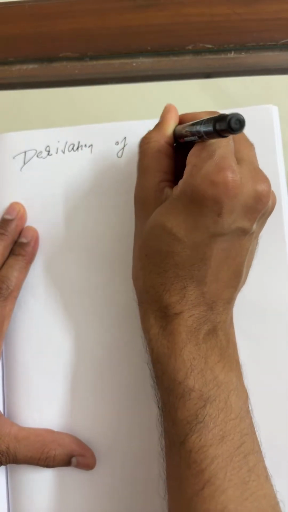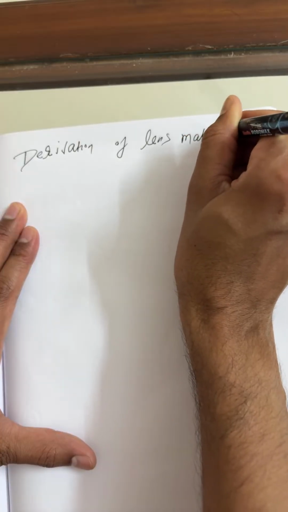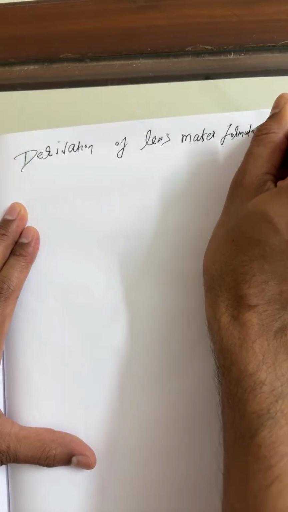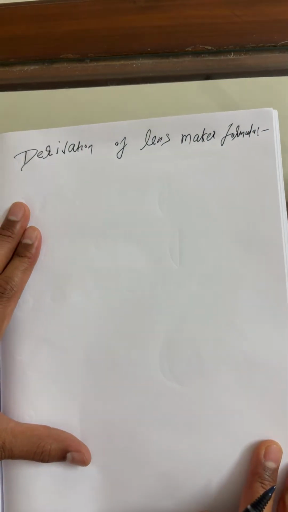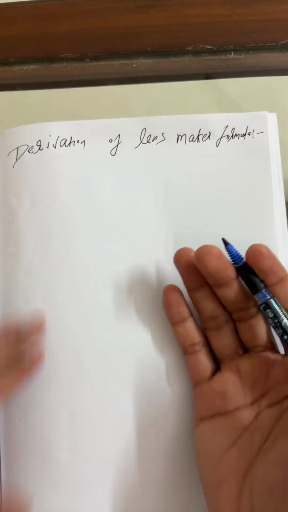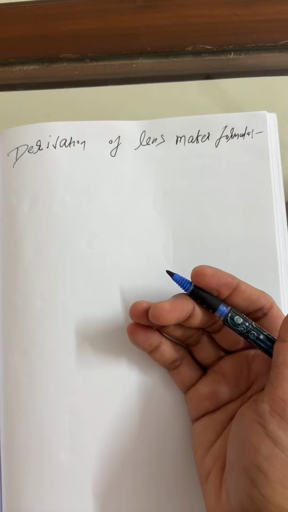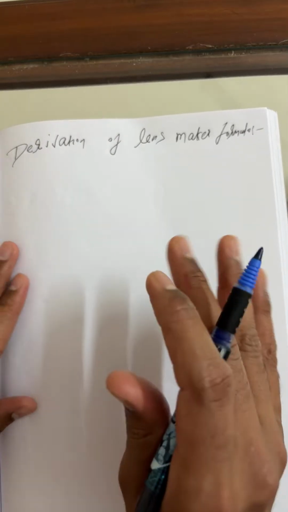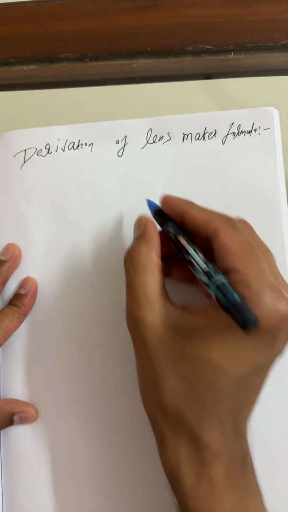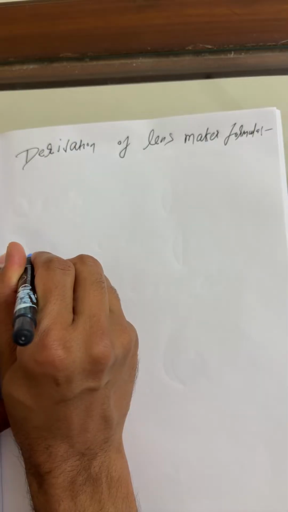Come, students. So now, as I say, most of the time I'll use thin lenses because that is the recommendation for detailed study. So now, students, as usual, the basic point, I hope all of you remember.